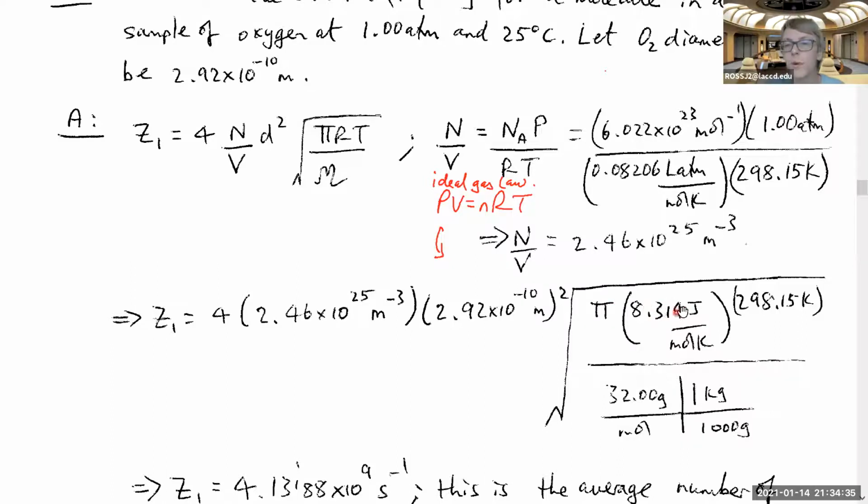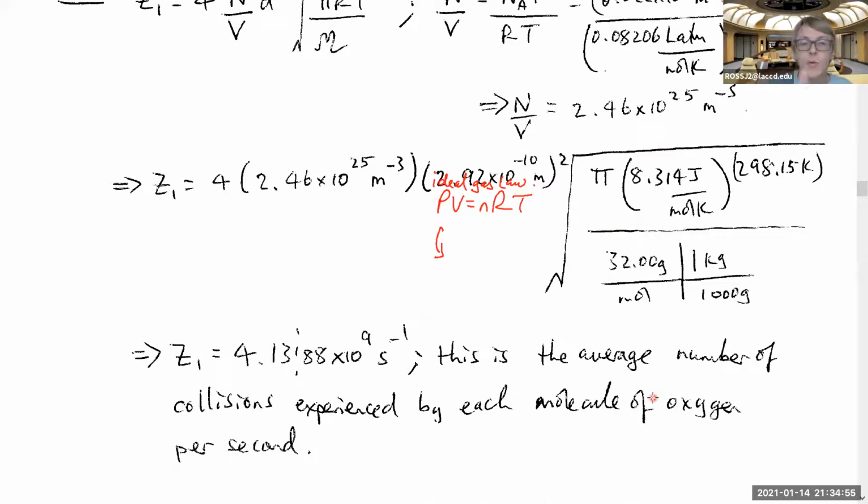So we've got 8.314 joule per mole per Kelvin. Temperature, and then molar mass, we have to convert to kilogram. So we've got 32 grams for a molecule of oxygen. We convert that to kilogram. And then we remember to take the radical, etc., plug and chug.